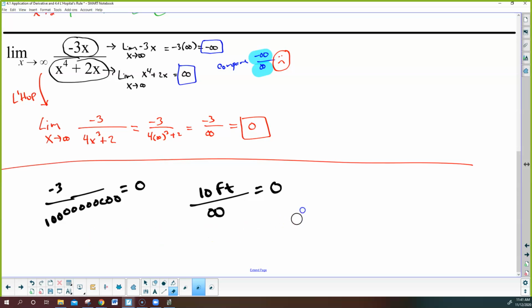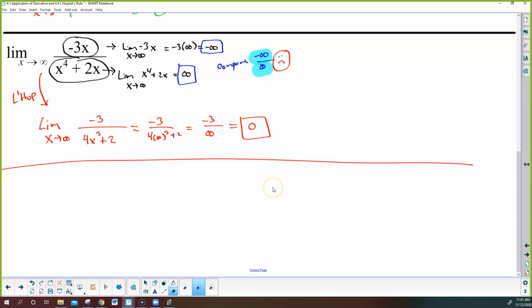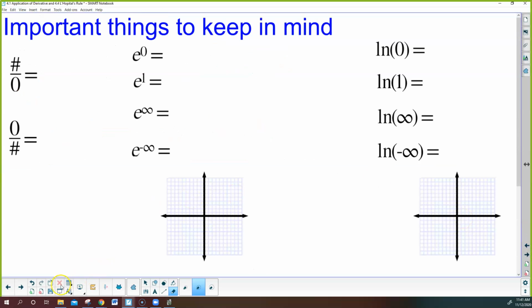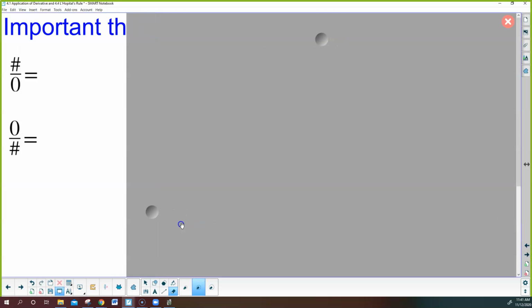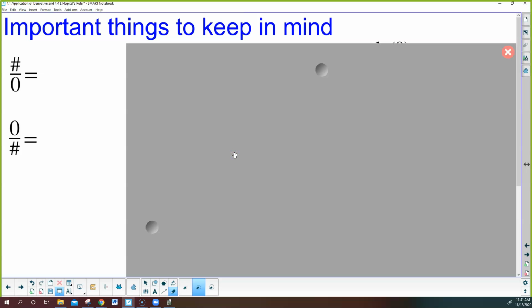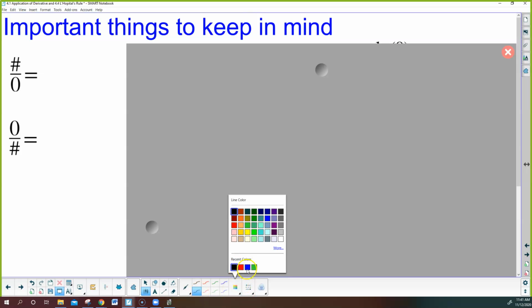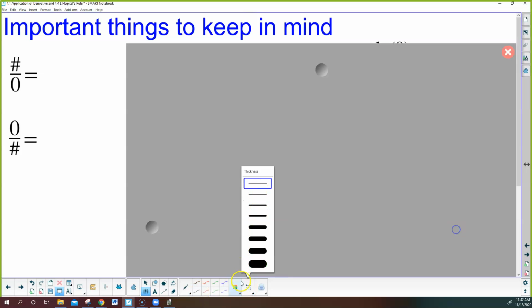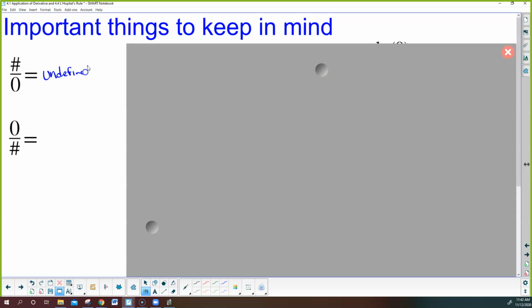I think I have it on the next slide actually. We're going to just confirm a couple of things that are really good for you guys to know. I don't know if you want to write this down, but it's things to think of. What happens when I have a number divided by zero? Well, you can never divide by zero.